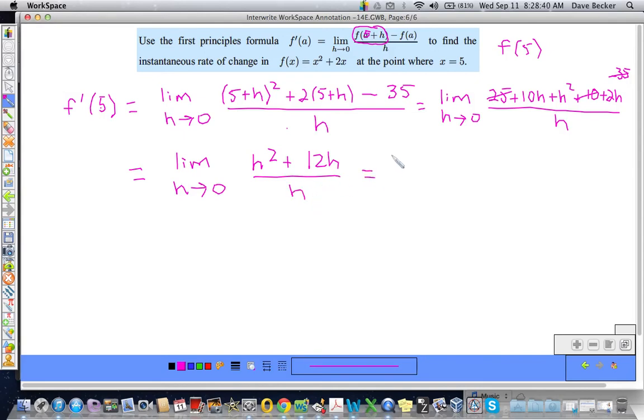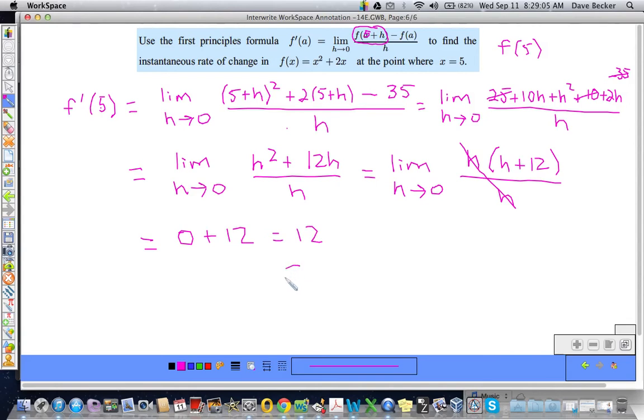Oh, you see what's going to happen? I'm going to be able to factor out an h in that numerator. So the limit as h approaches 0 of h times h plus 12, over h. Kapow, with direct substitution, this is equal to 0 plus 12, which is equal to 12.